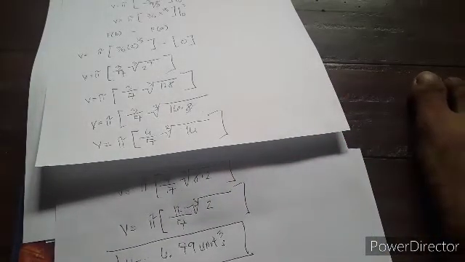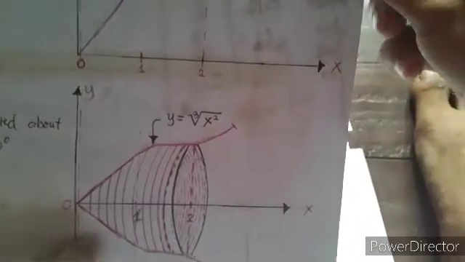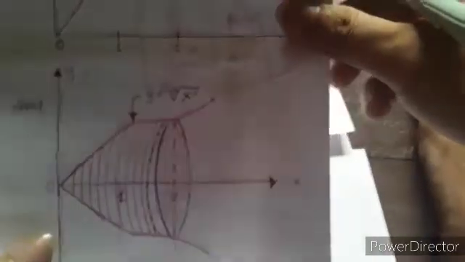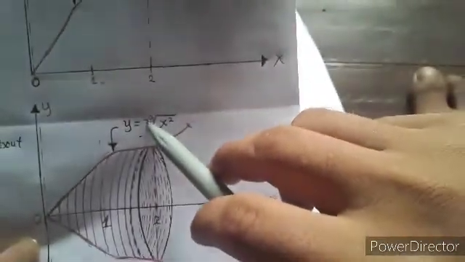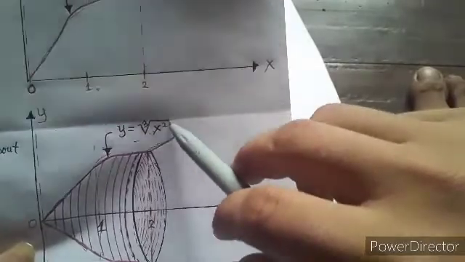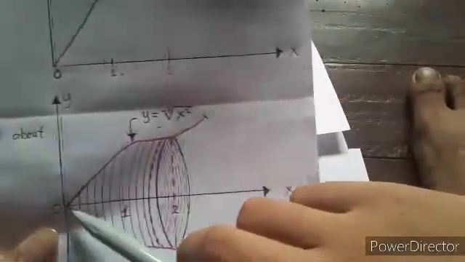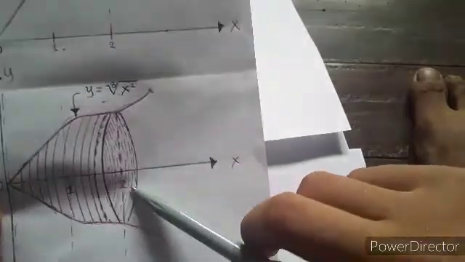So for now, this would be the volume of this figure, where the rotation occurs about the x-axis, given that y equals the cube root of x squared, and we have here the interval from 0 to 2.